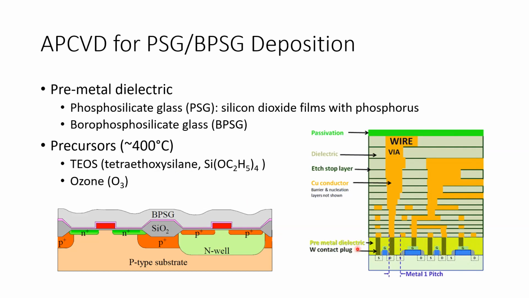After this layer, you can see here, we have the device transistors, and on top of it we have this BPSG layer, and then we can use a reflow process to make it flatter. This is APCVD, its main application in IC fabrication, used as pre-metal dielectric.